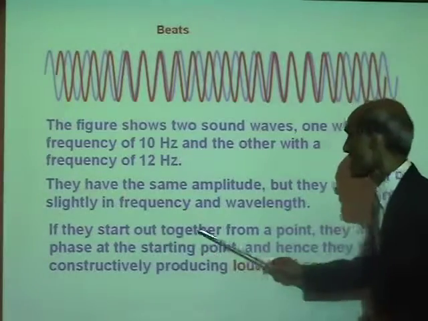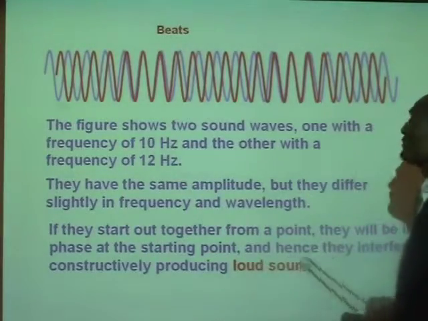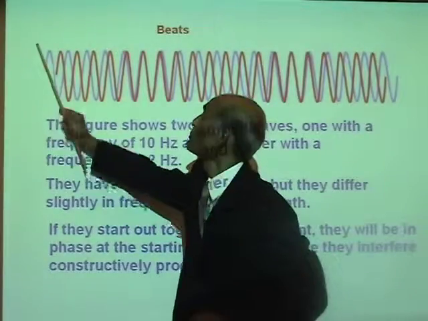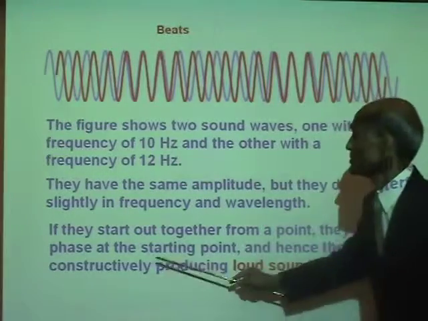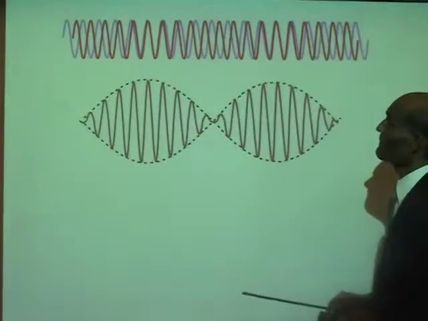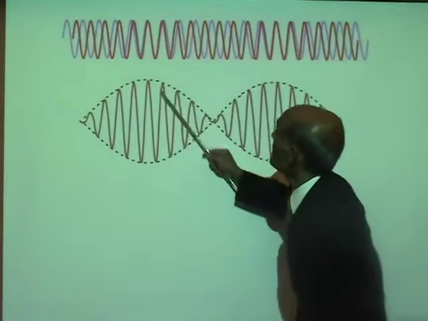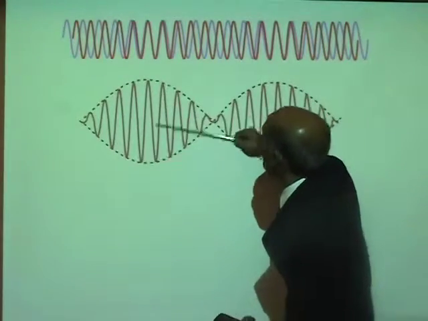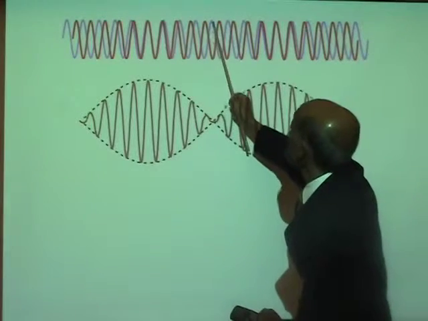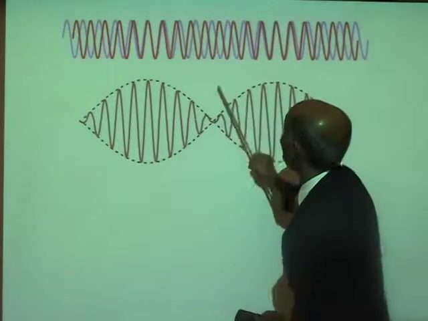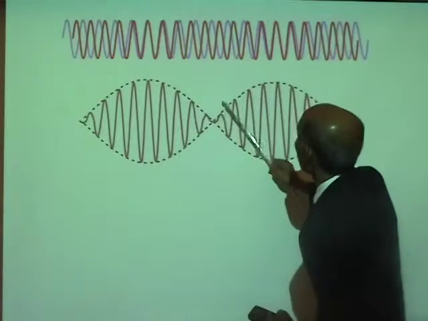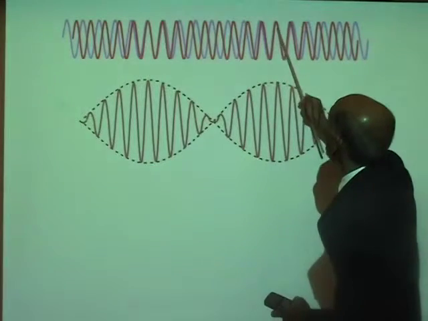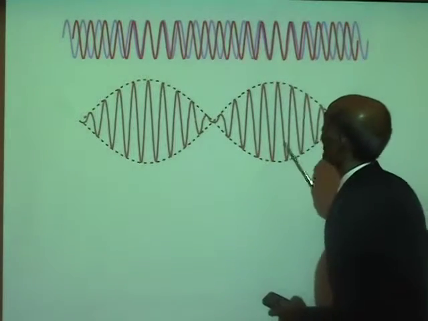So if they start out together, they will be in phase, producing a loud sound, constructive interference. And that's what you see when they interfere constructively here, you get a loud sound. But soon they get out of phase, you get no sound. And then a little later they get in phase, you get a loud sound.